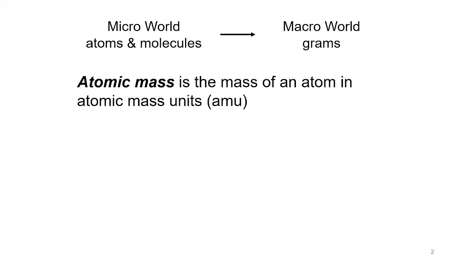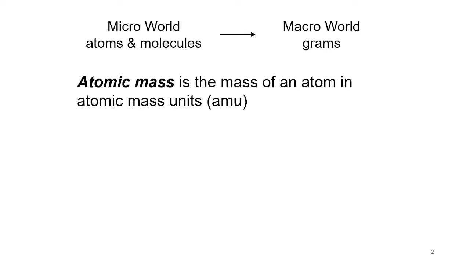So in that, we should also mention what we call the atomic mass, which can be seen on your periodic table of elements. Atomic mass is the mass of an atom in atomic mass units. So there is a practicality in having a periodic table of elements, especially when we are talking about mass relationships.